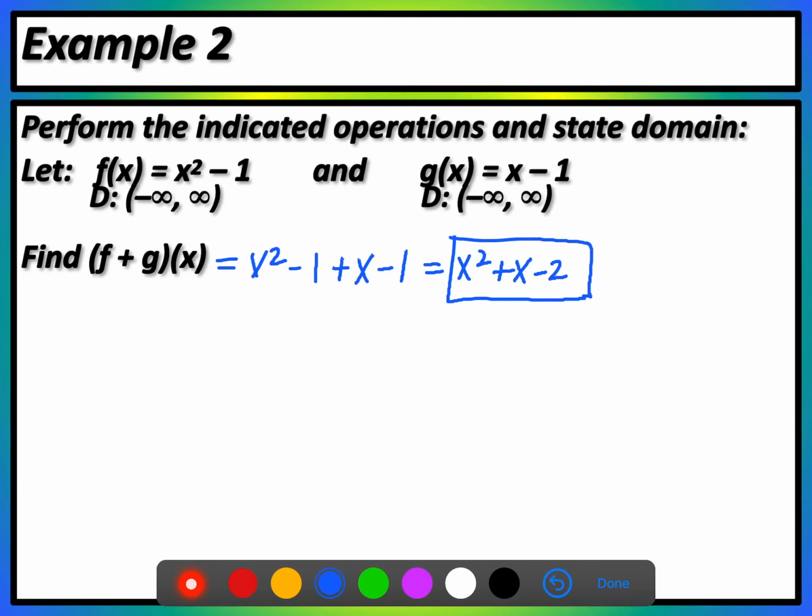Here is my new function. Neither function came with a restriction, and adding the two functions together is not going to introduce any additional restrictions. So the domain here can remain negative infinity to infinity, also because this resulting function is also a quadratic.